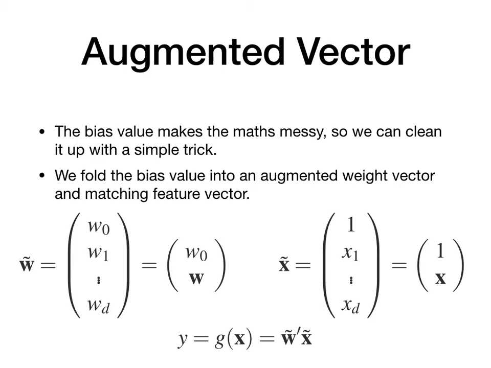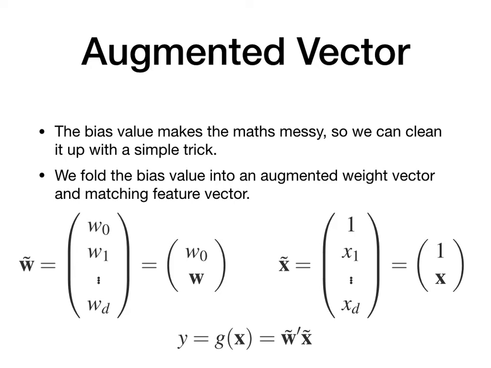The idea is we have an x tilde, which is the old x vector, but with a new initial value, which is always set to 1. So it's 1 and then the x, making it 1-dimension more than the x values were. We have a w tilde that puts W0, the bias, as the first value.